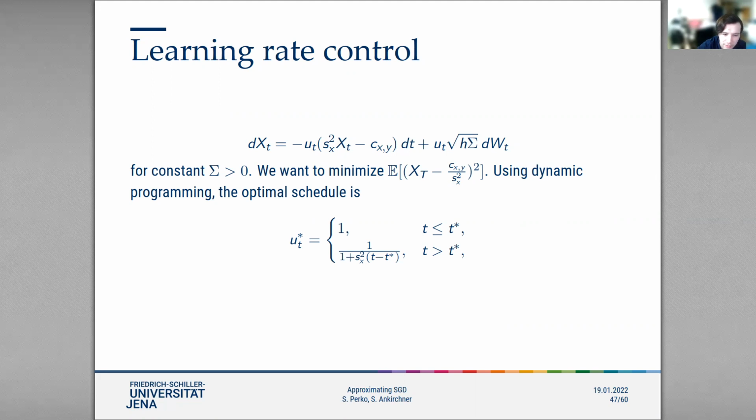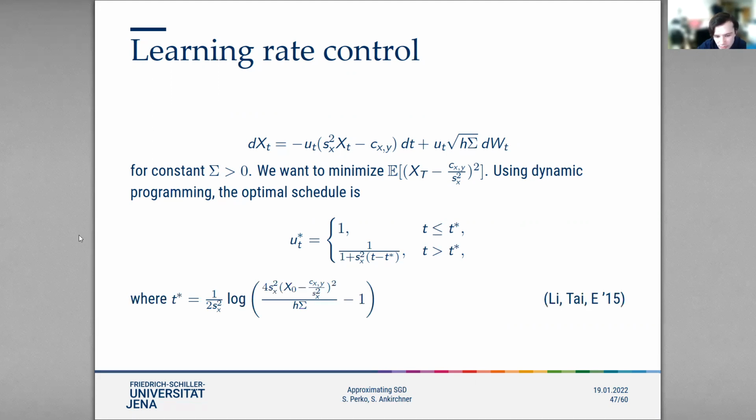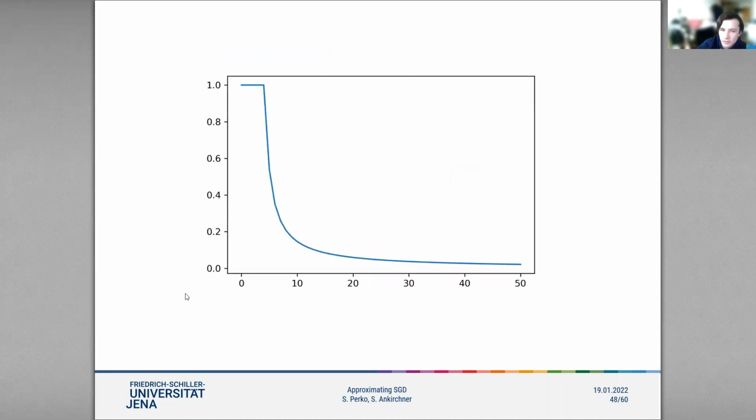And with this, we can derive an optimal schedule, which is given by this function over here, which is 1 until a time point t star, and then has sort of the same behavior as the learning rate schedule we've seen before. And this is how it looks like in an example. And the interesting thing here is that we can actually get an analytical solution for this function, whereas in discrete time, this is difficult or even not possible.